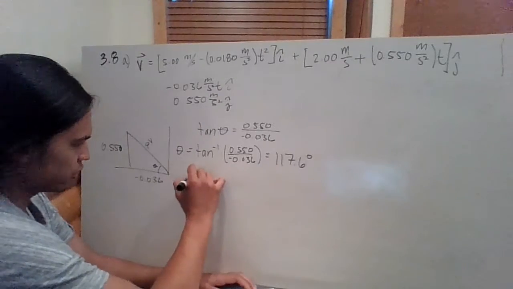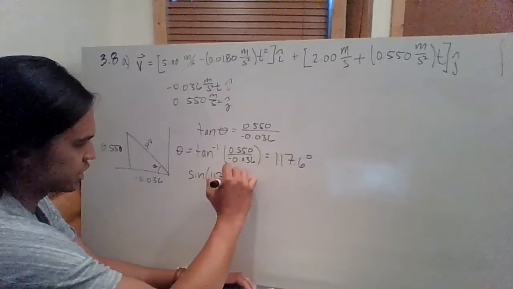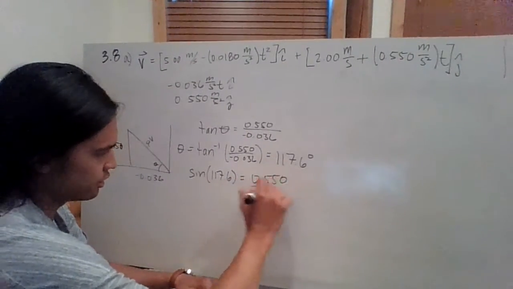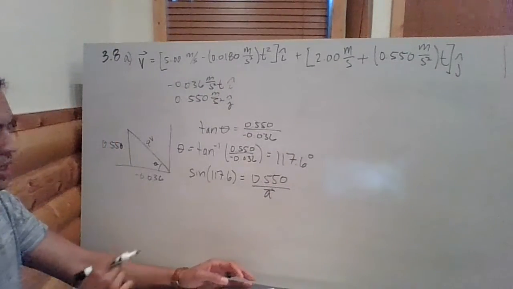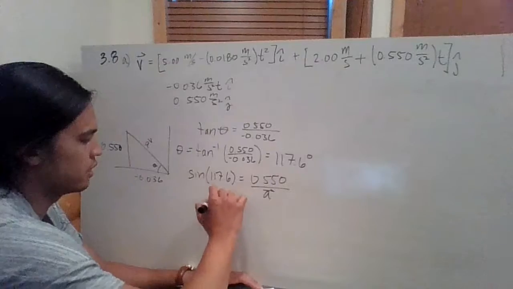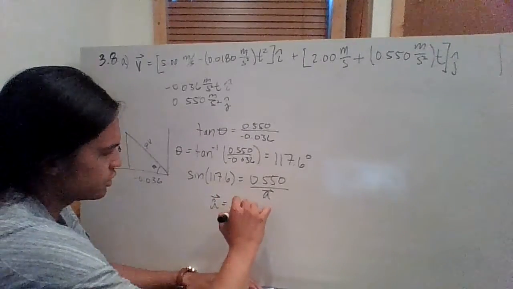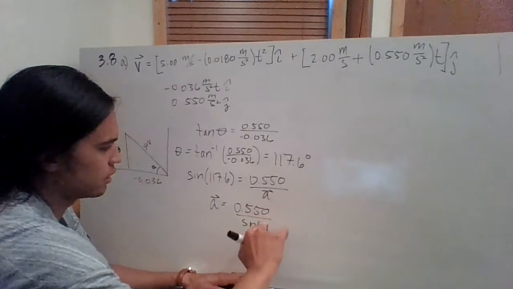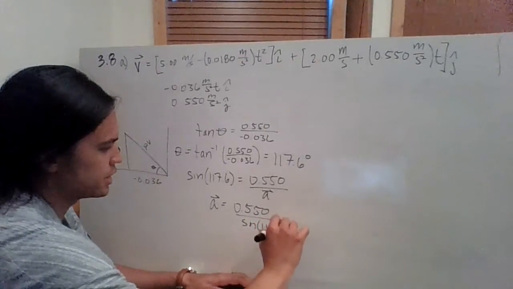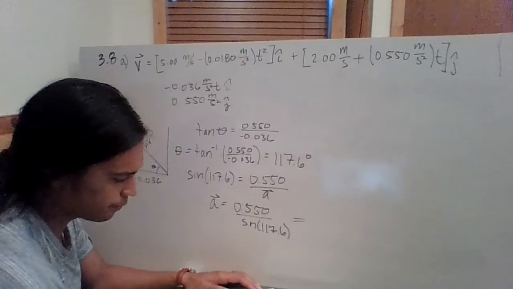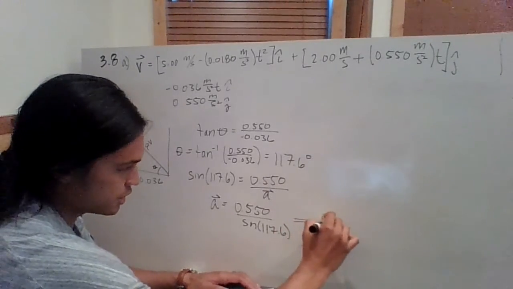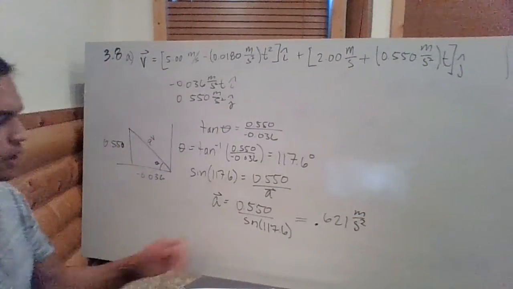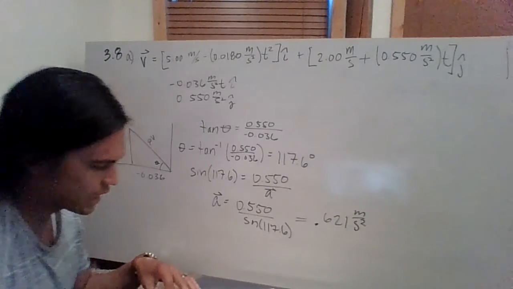So sine of 117.6 degrees equals 0.550 over the vector, and then you manipulate that again to find that the vector equals 0.550 over sine of 117.6, which equals 0.621 meters per second squared for the acceleration. And that is the last part of this problem.